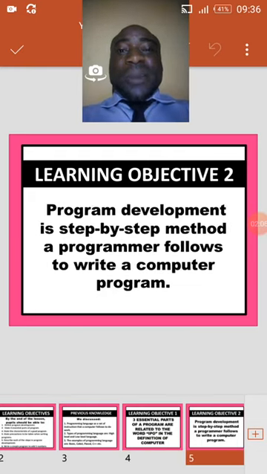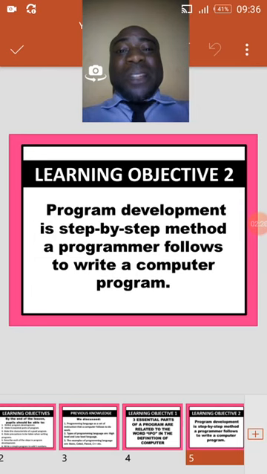Alright, but before we use that in our explanation, I would like us to look at the definition of program development. Now, what is program development? We can say program development is a step-by-step method a programmer follows to write a computer program. I repeat that again.